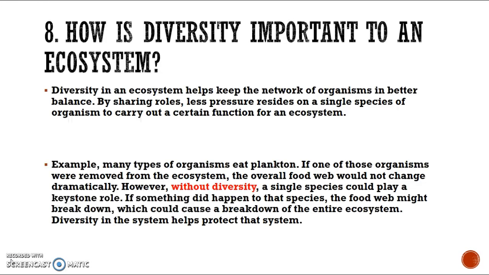If an ecosystem has a problem where it loses some of those species, then you can develop or create keystone species, meaning that if that species is removed, it will really affect the food web, and the food web can break down, which can cause a breakdown of the entire ecosystem.